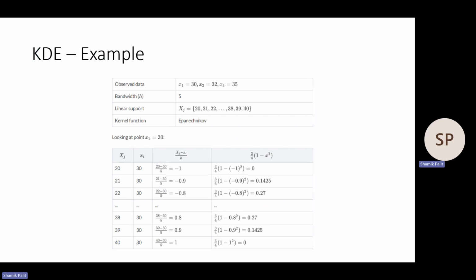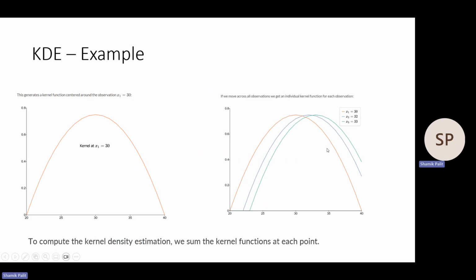Let's have a look at this particular example. We have taken an observed data set in the following way: X1, X2, and X3 respectively. And what we did was calculate the value of Xi, and then we got similar values as per the equation we have learned so far. We have taken a specific kernel function in the following manner, and ultimately we plotted the graph.